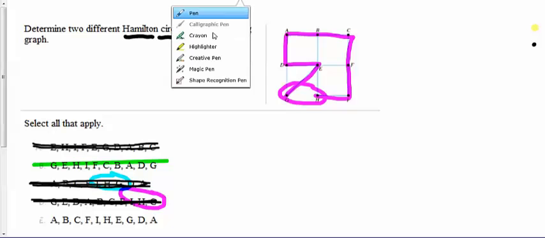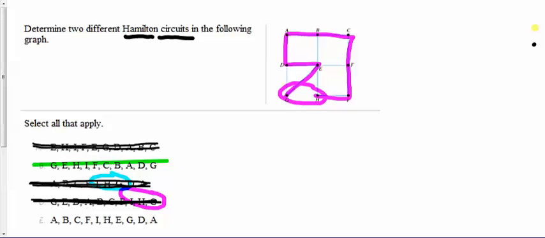Let's just take another highlighter. Let's go back and do green. Let me erase. Okay. Now for E, it says start at A, go to B, C, vertex F, I, H, E, G, D, A. You notice we began at A and we ended at A, and every single vertex was used exactly one time besides the beginning and ending vertex.